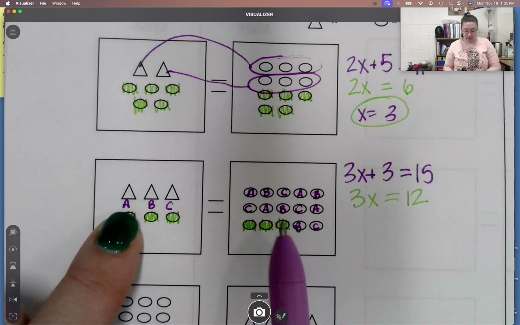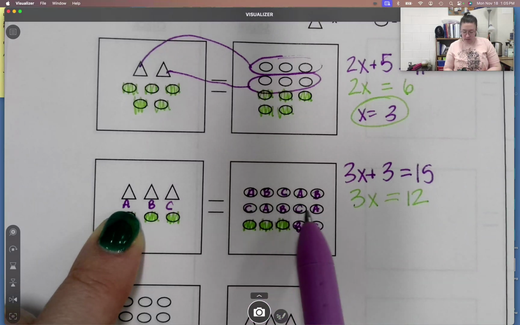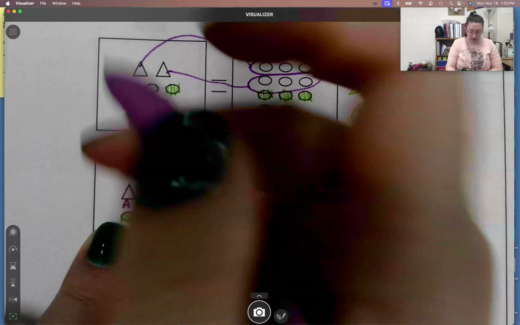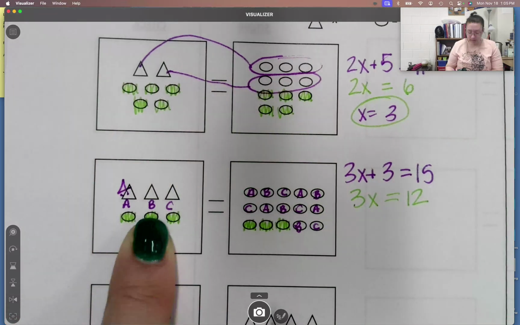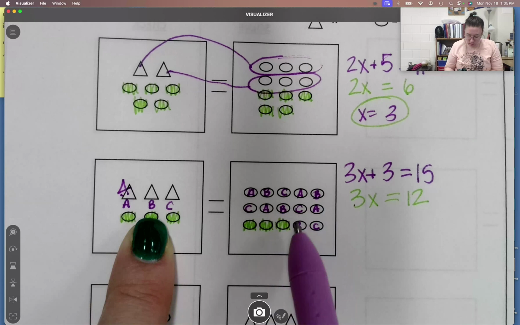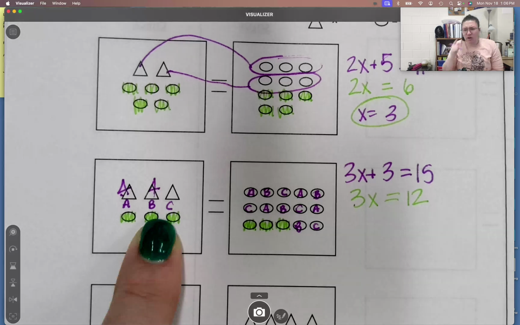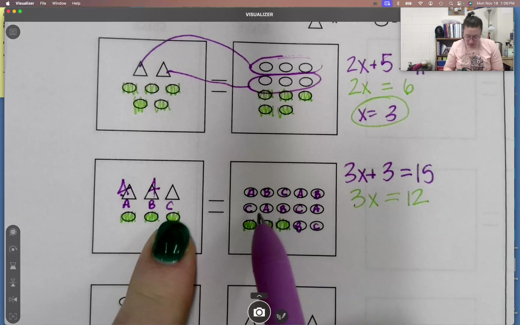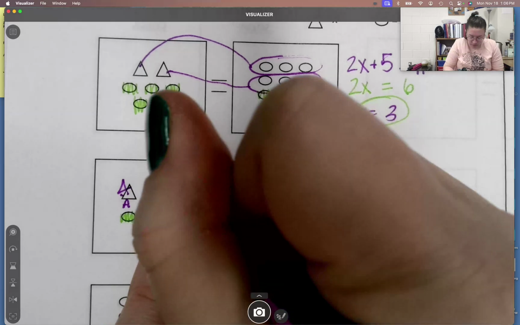How many of these pieces went to A? 1, 2, 3, 4. So A had 4 pieces go to it. How many B's? 1, 2, 3, 4. As we learned before, last time we met, they should all equal the same. 1, 2, 3, 4 C's.